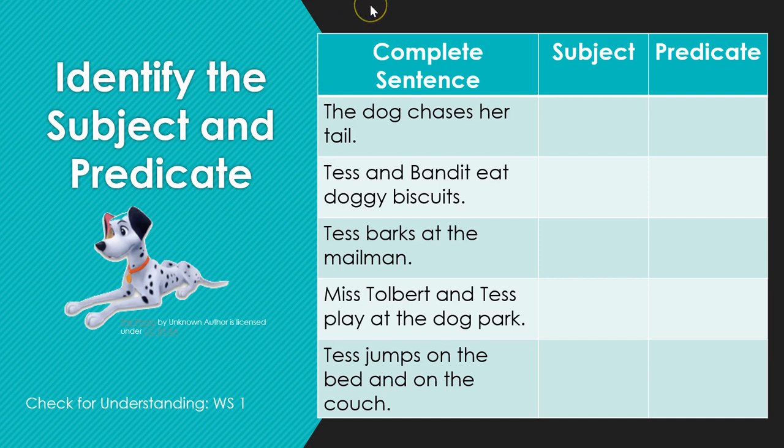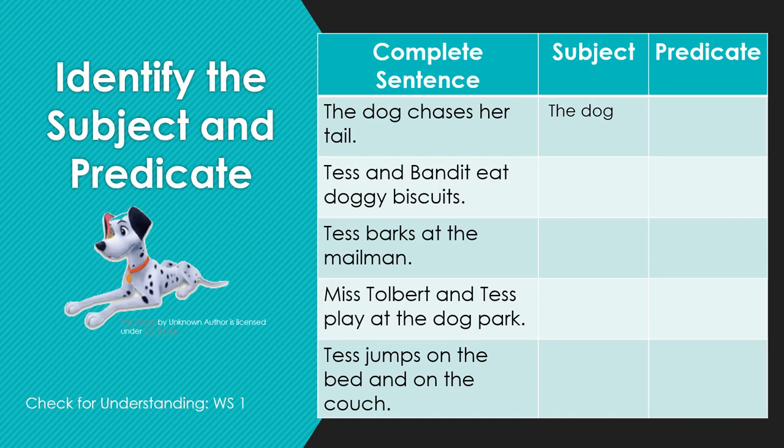If we're looking for the subject, that means the noun and everything that comes before it. What would be the noun? Person, place, or thing. The dog. The dog is the thing or noun in this sentence.